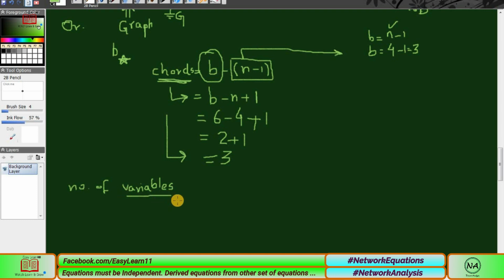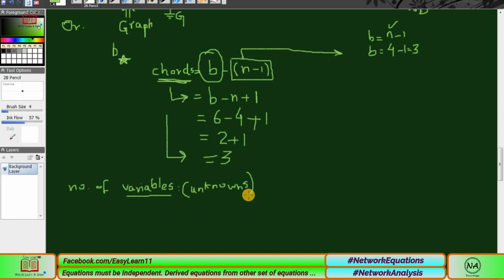For example, the number of unknowns in a problem. In a question, we have x and y, 2 unknowns. If we have 2 unknowns, then 2 equations need to be written.